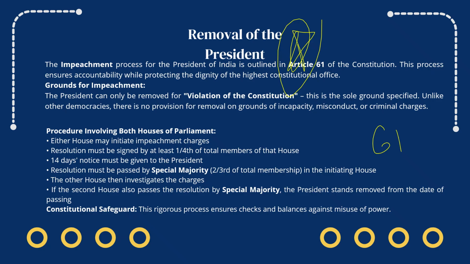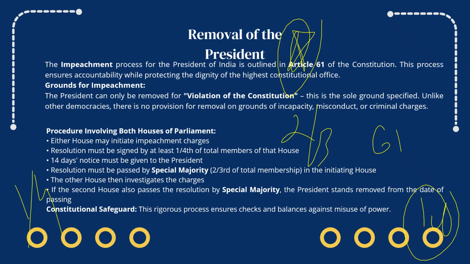The impeachment process can be started in either House of the Parliament, Lok Sabha or Rajya Sabha, and the proposal must be signed by at least one-fourth members of that House, and a 14-day notice must be issued to the President. Then the resolution must be passed by a special majority. This is two-thirds of the total membership.